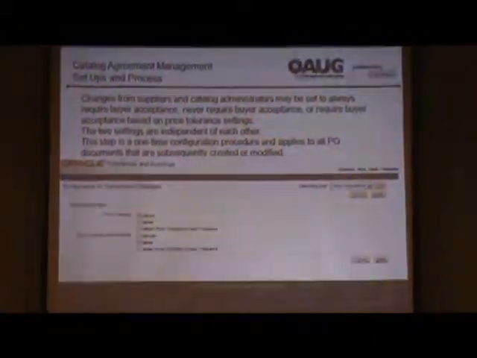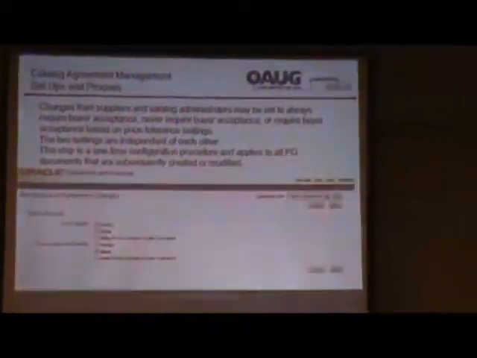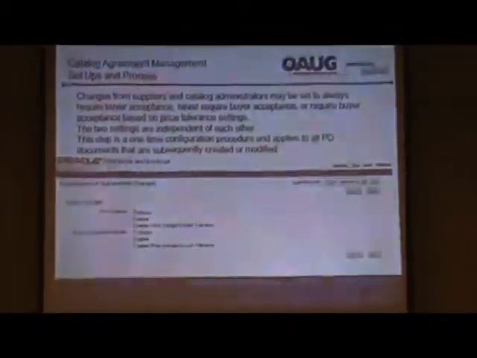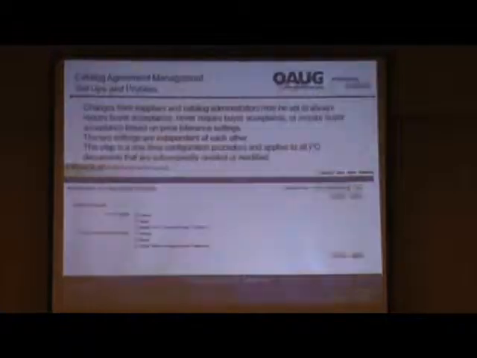So, what are the setups required to have catalog agreement management working fine? There is one setup which is available from the purchasing super user responsibility. This is called tolerance and routing for acceptance of agreement changes. This setup basically tells the system whether changes in your catalog are going to be reviewed and sent to the buyer for acceptance or not.